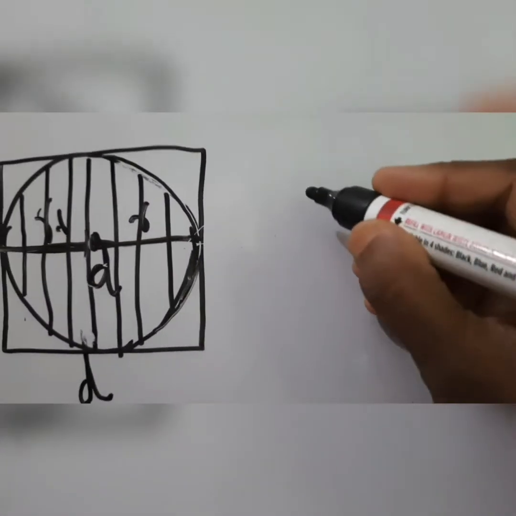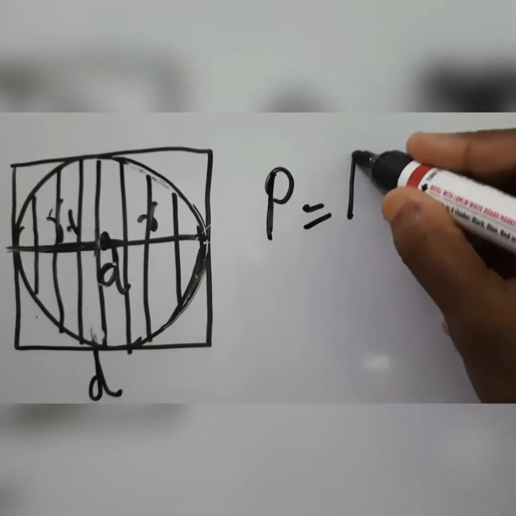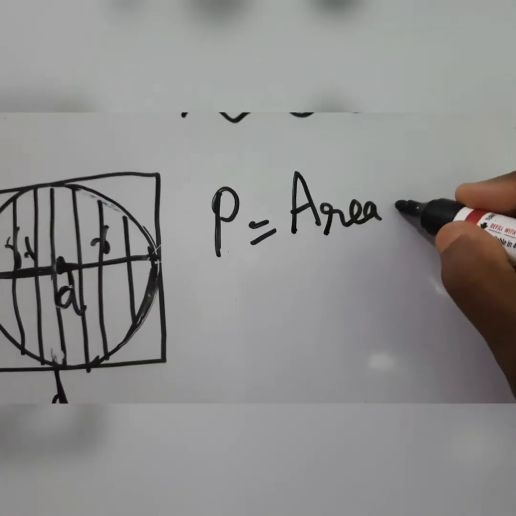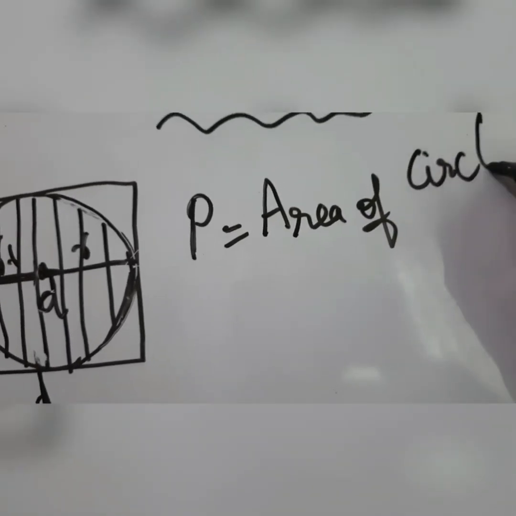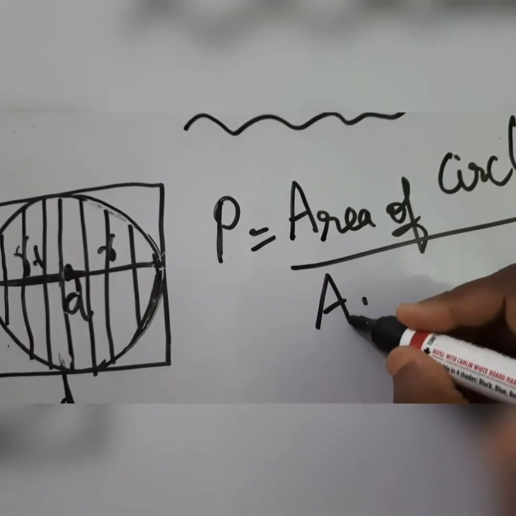Now the probability of the dot lying in this shaded part, that is in the circle. For that, what do we have to find? Probability is equal to area of the circle divided by area of square.